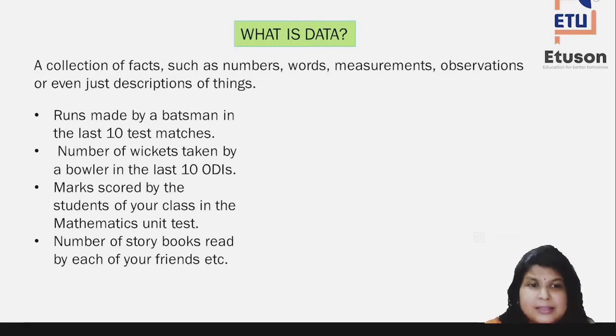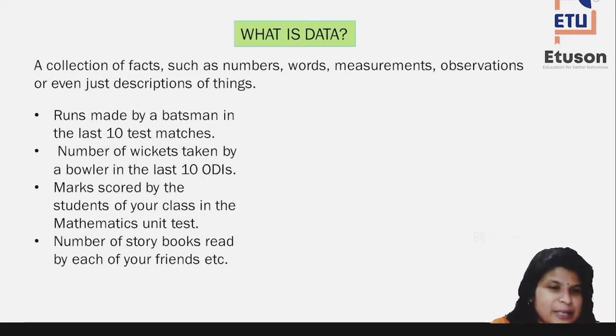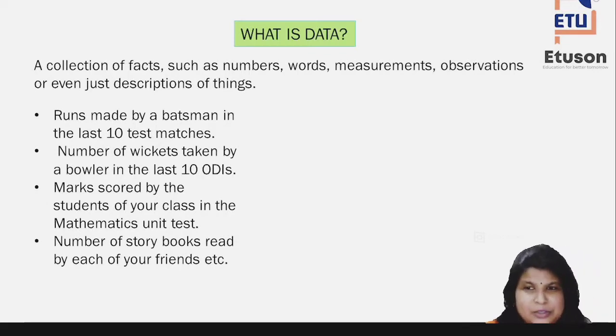Now, some of the example. The runs made by the batsman in 10 test match. So those are some numbers related to batsman. So it is data. Number of wickets taken by a bowler. Again it's a number. For a bowler, for last 10 one-day match, how many wickets one bowler has taken? Again it is a number.